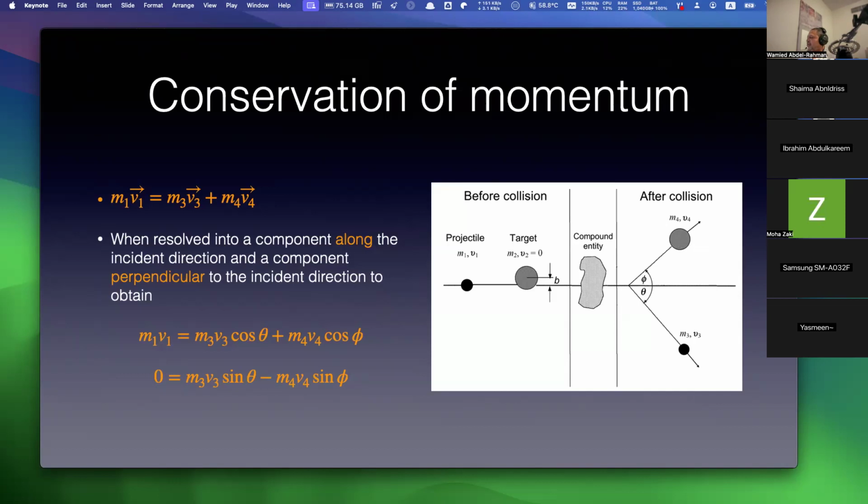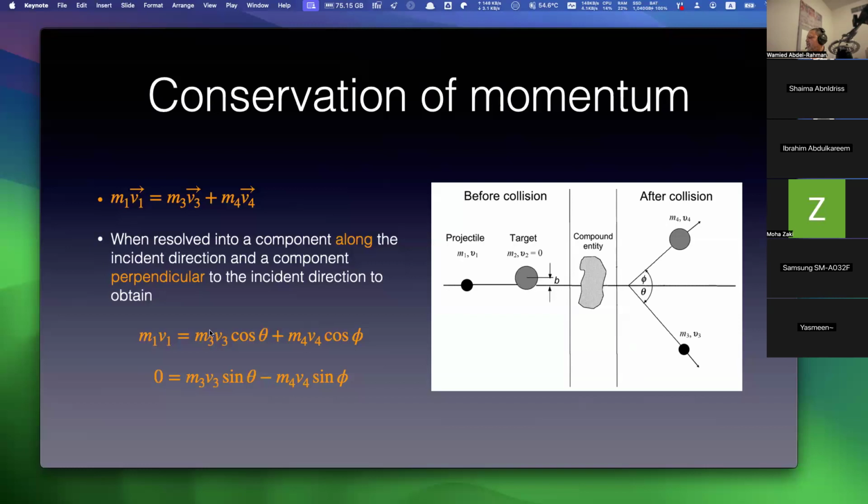In order to have the momentum conserved, we can, for example, set up two equations to define the conservation of momentum along the projectile direction, let's call this the x-axis, and also momentum perpendicular to the projectile direction, let's call that the y-axis.